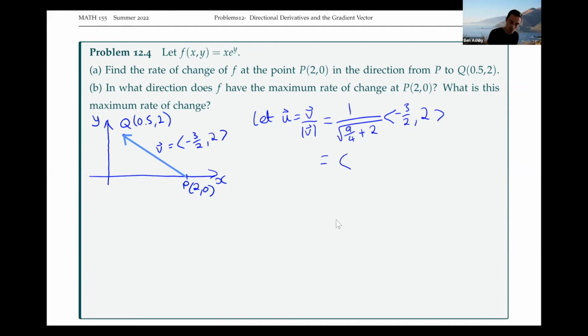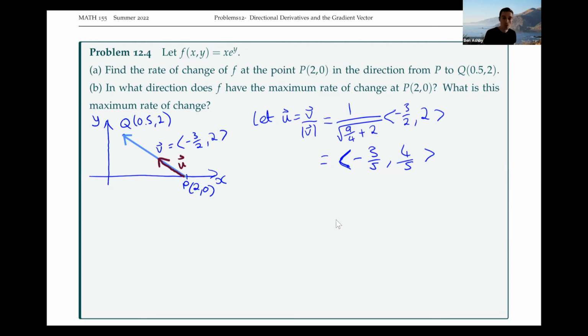I'll leave the algebra to you, but it eventually cancels down to (-3/5, 4/5). Okay, so that's our unit vector pointing in this direction. So our unit vector U will look something like this. It's our unit vector U. It's (-3/5, 4/5).